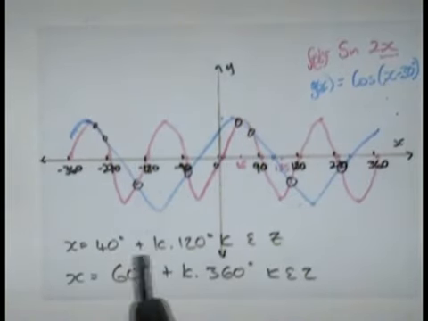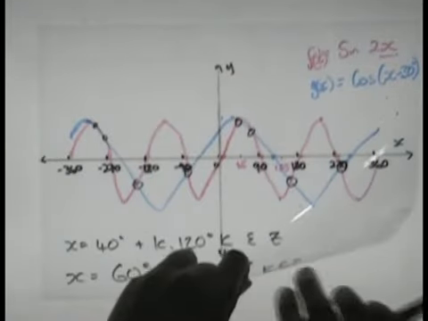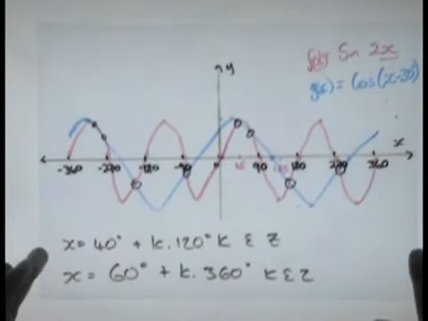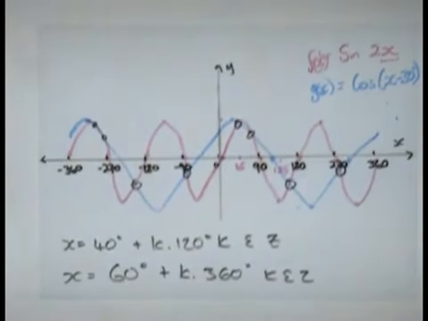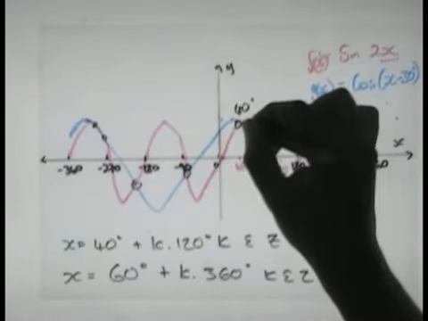When k in this first solution, I just want to erase this piece over here. In our first solution, when k is equal to 0, that's going to be x is equal to 40 degrees plus 0 times 120, which is just 40 degrees.